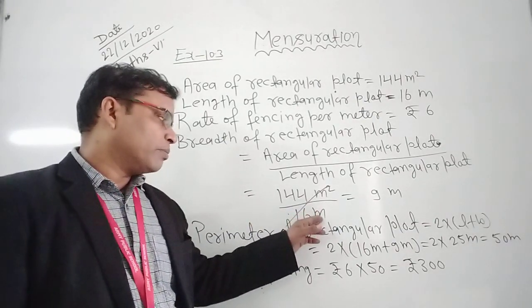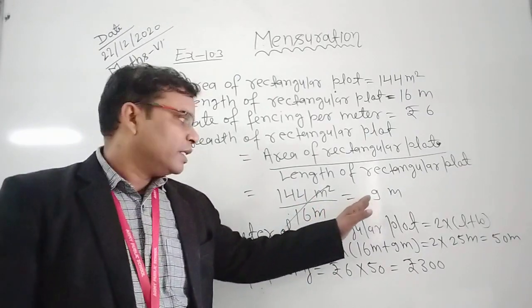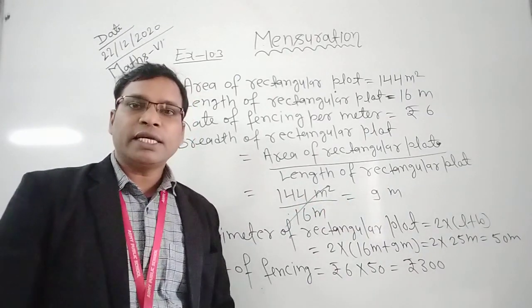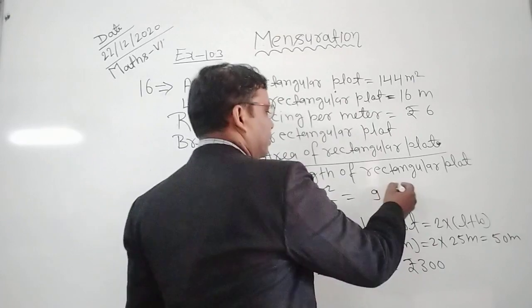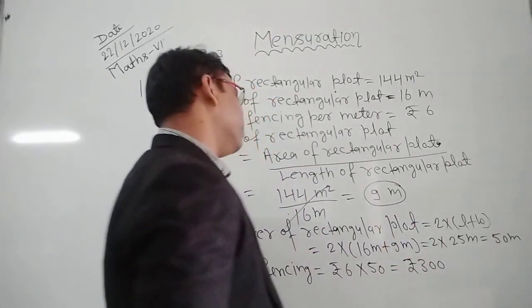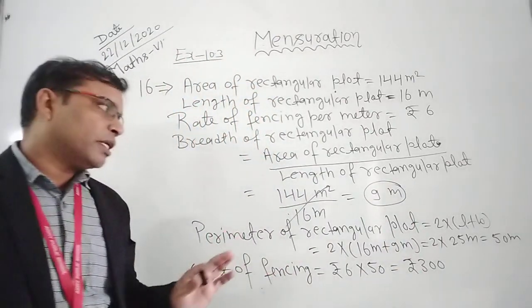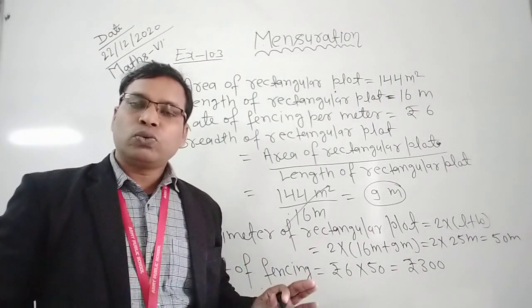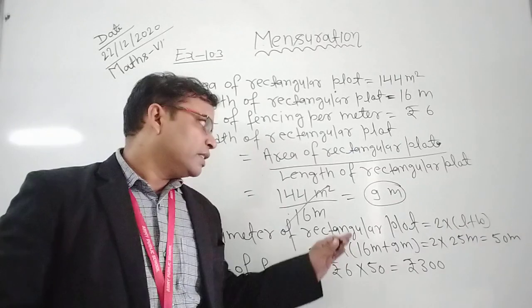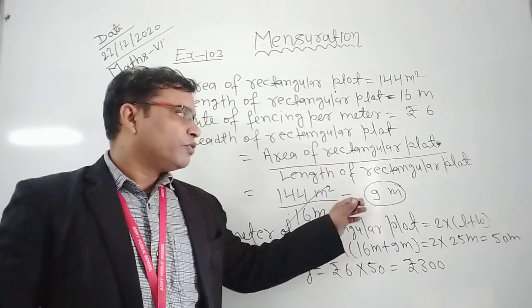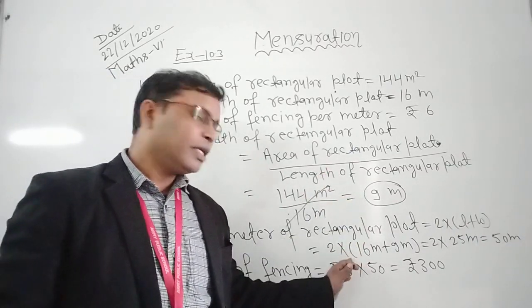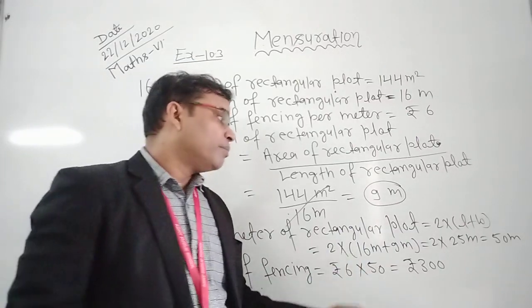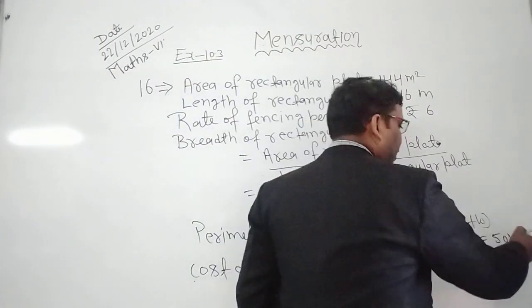In this way you find 9 is the breadth of the rectangular plot. With this we find the perimeter of the rectangular plot. You know very well the perimeter of rectangle is equal to 2 into length plus breadth. So length is given here 16 meters and breadth we find 9 meters.